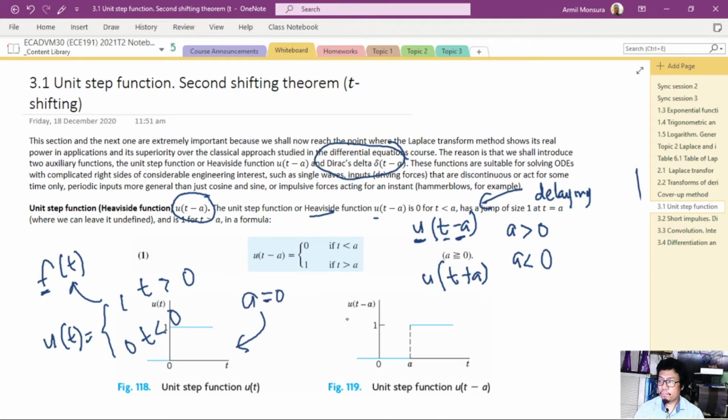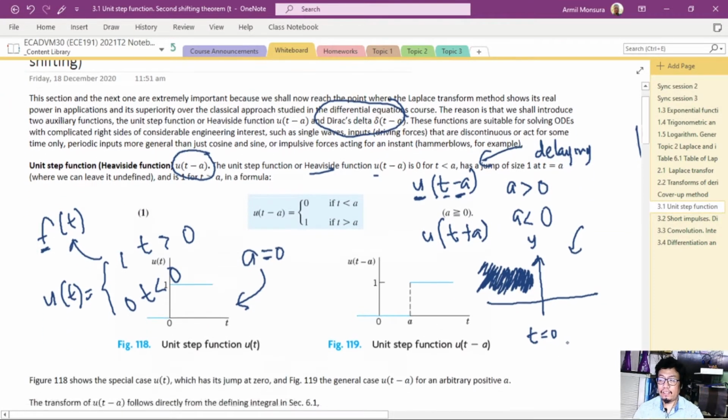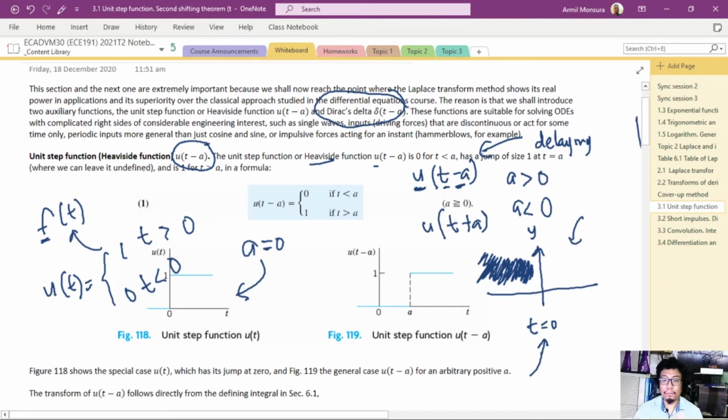This y-axis itself, where t is equal to 0, is the boundary between when you are not measuring anything and when you are to measure the behavior. At t equals 0 is the moment that you decide to measure.